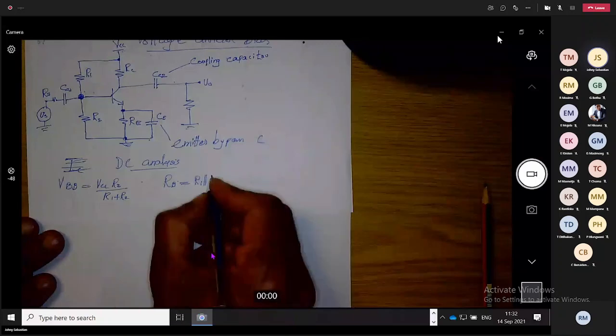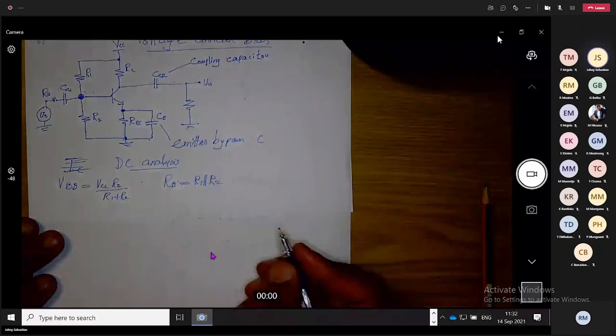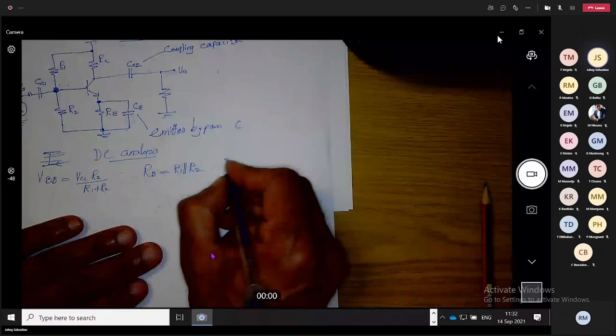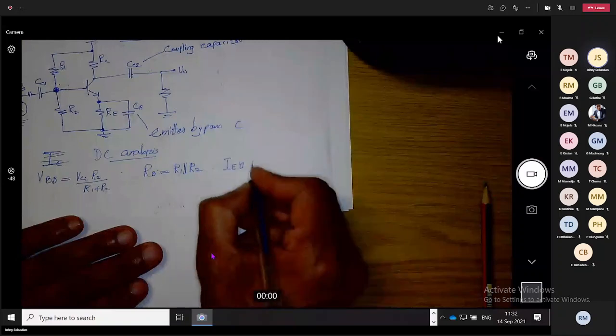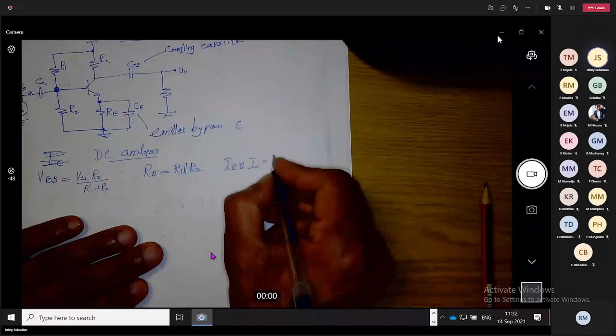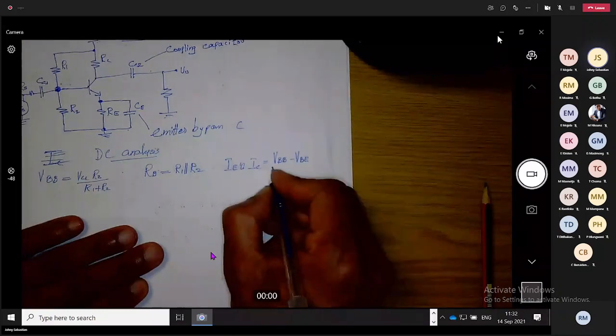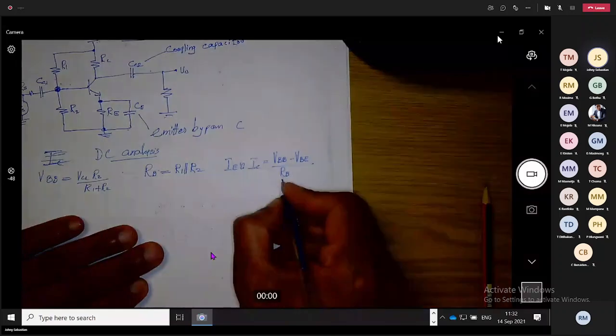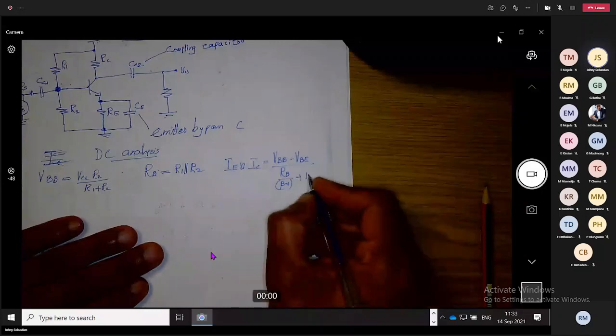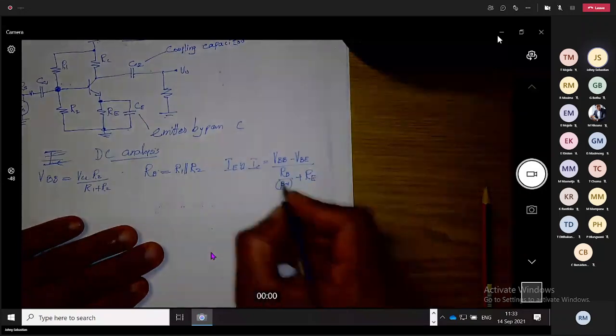Then we can make an expression: IE approximately equal to IC equals VBB minus VBE over RB over beta plus 1 plus RE, that is from Thevenin theorem.